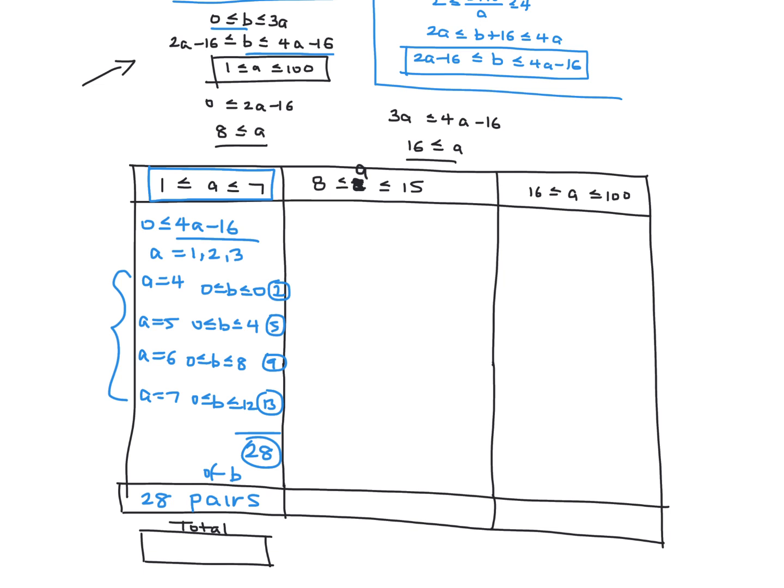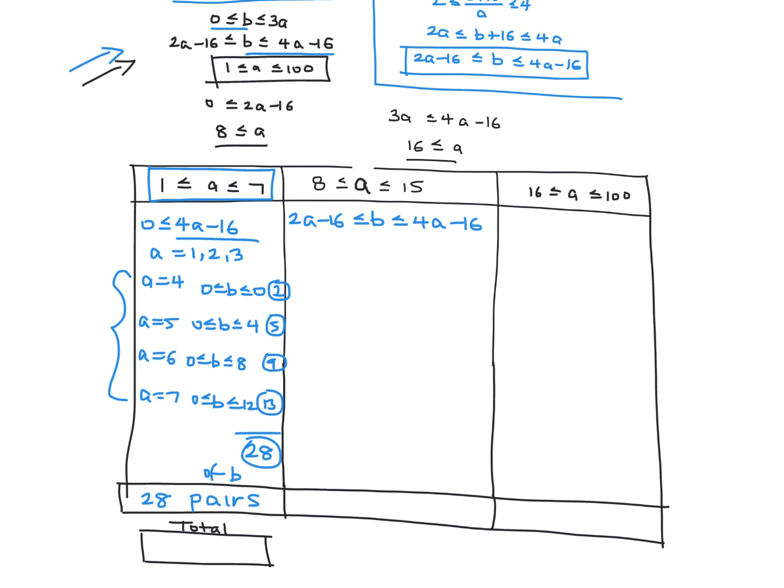Okay, where do I go now? I think the same kind of thing. We'd have to just manually do this. I don't think there's any other way. So for this one, I'm going to use 4A minus 16 is greater than 2A minus 16 from up here.